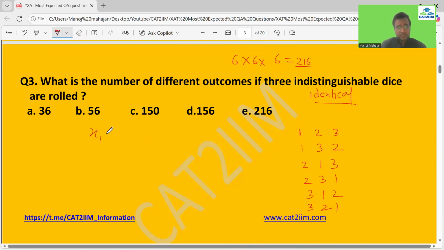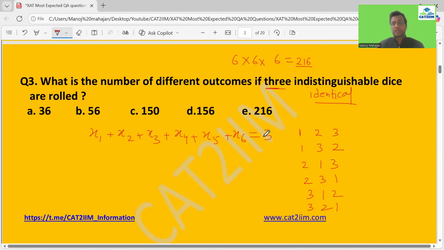So let's say you have 6 variables, x1, x2, x3, x4, x5, x6. How many dice do we have in this case? 3. So let me equate this to 3.